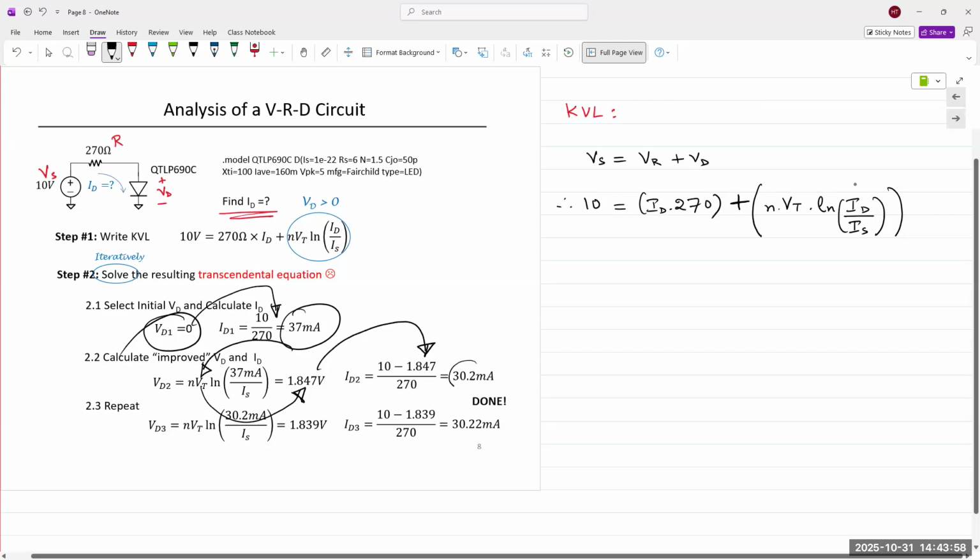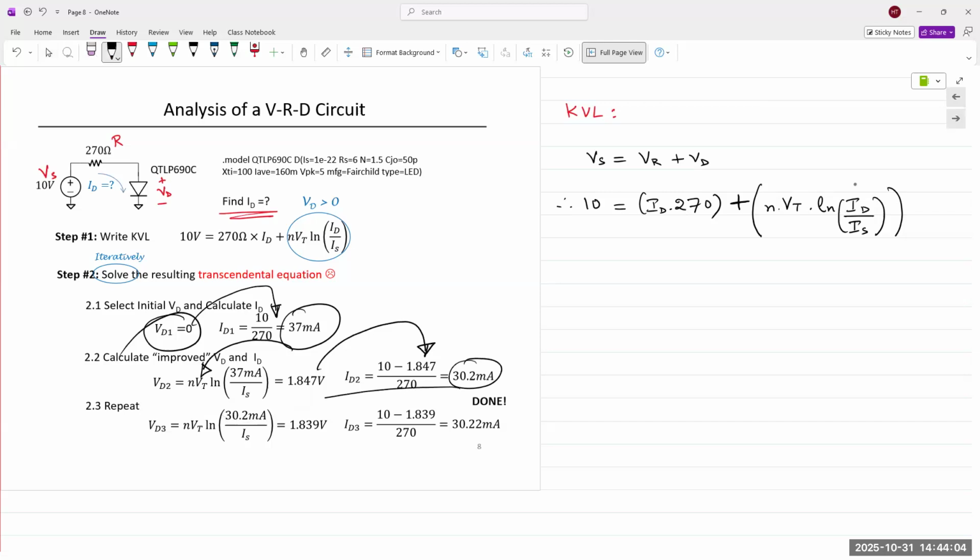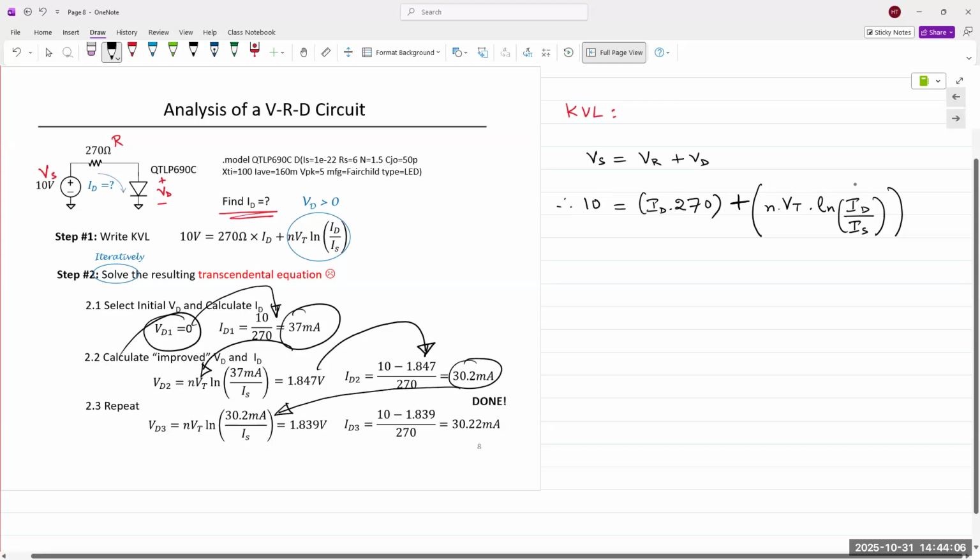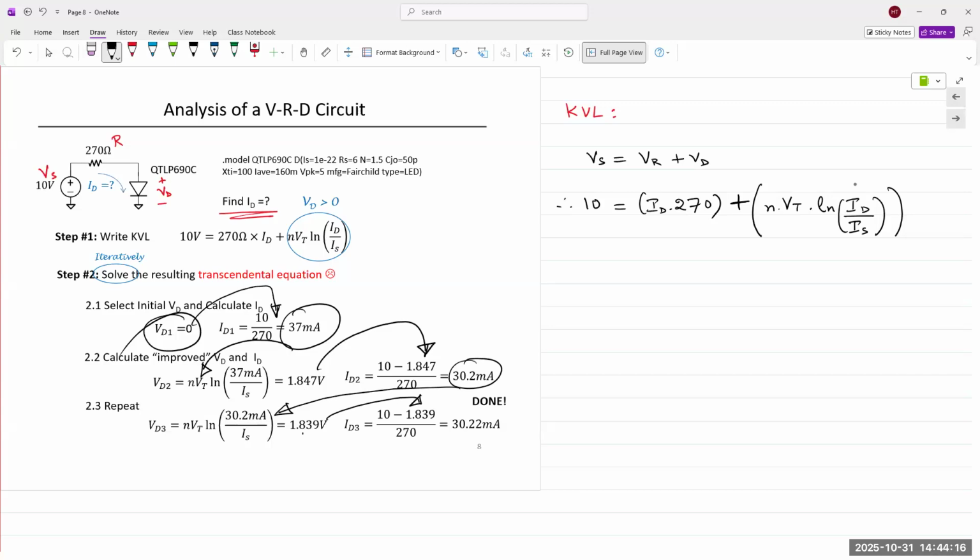So we obtained 30.2 milliamps. We take 30.2 milliamps and we calculate diode voltage again. And then we take that diode voltage and calculate ID again. So we are performing multiple iterations of the same quantities. Let me draw kind of a flow chart.